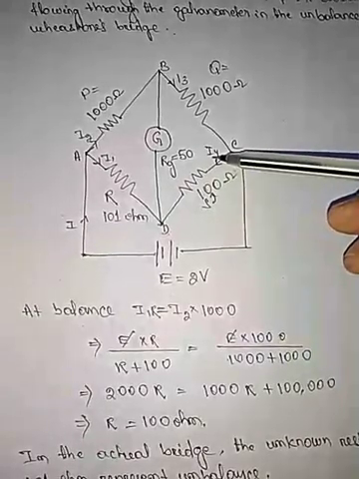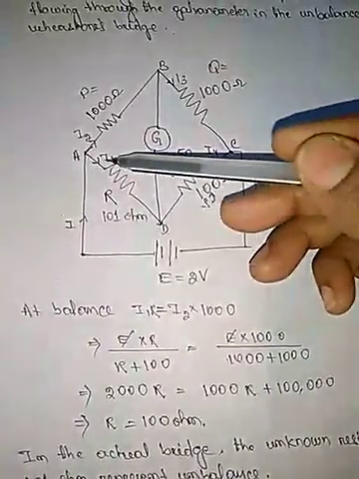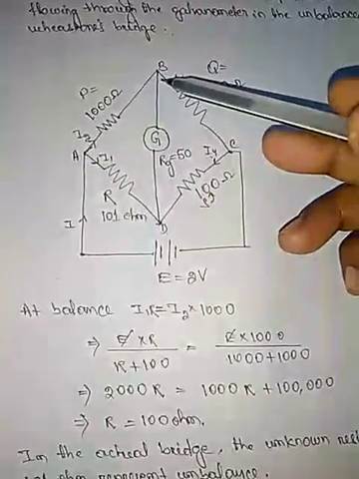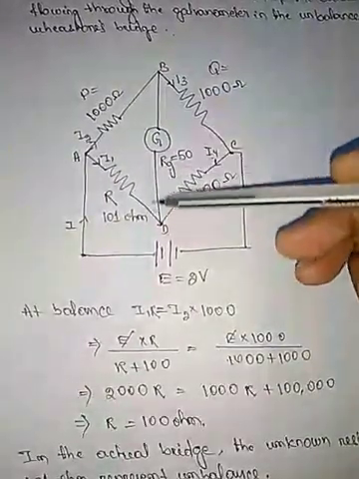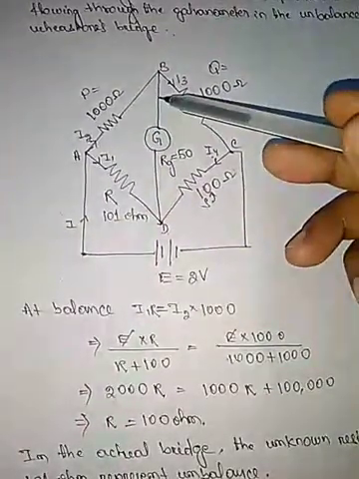At balance, it means no current is flowing through the galvanometer.